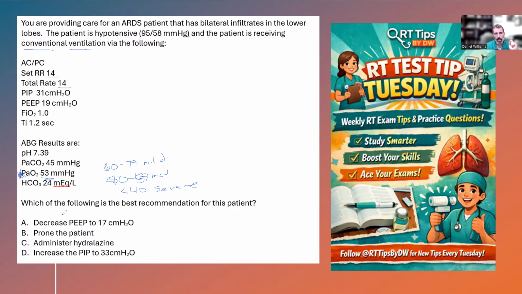The first thing I'm going to look at is it says decrease your PEEP to 17 centimeters of water pressure. We're given this value that the patient has moderate hypoxemia with a PaO2 of 53 millimeters of mercury.